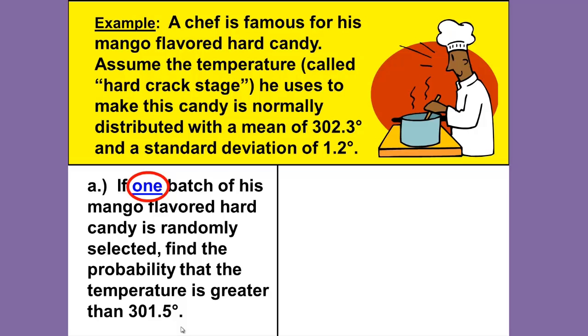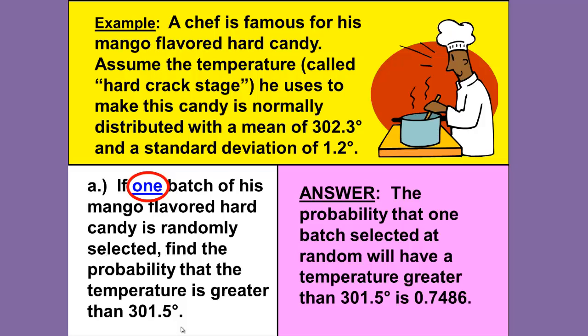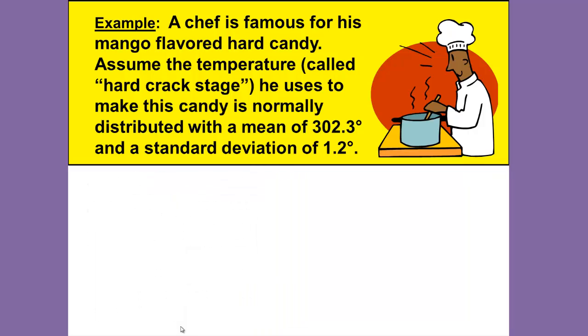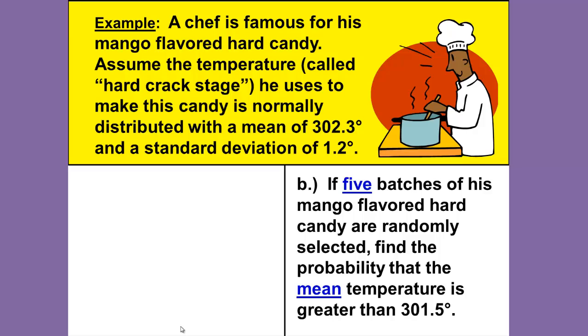So if one batch is selected, the probability that one batch selected at random will have a temperature greater than 301.5 is 0.7486.